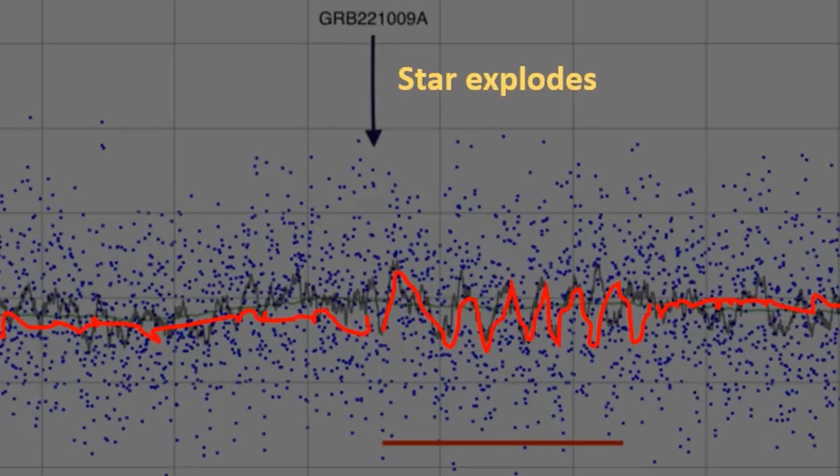So after the star explodes, we can see this on Earth with our very simple detectors, because this massive amount of energy from that exploding star makes the Earth's magnetic field oscillate. It's like a big jelly, and it goes boom, boom, boom.